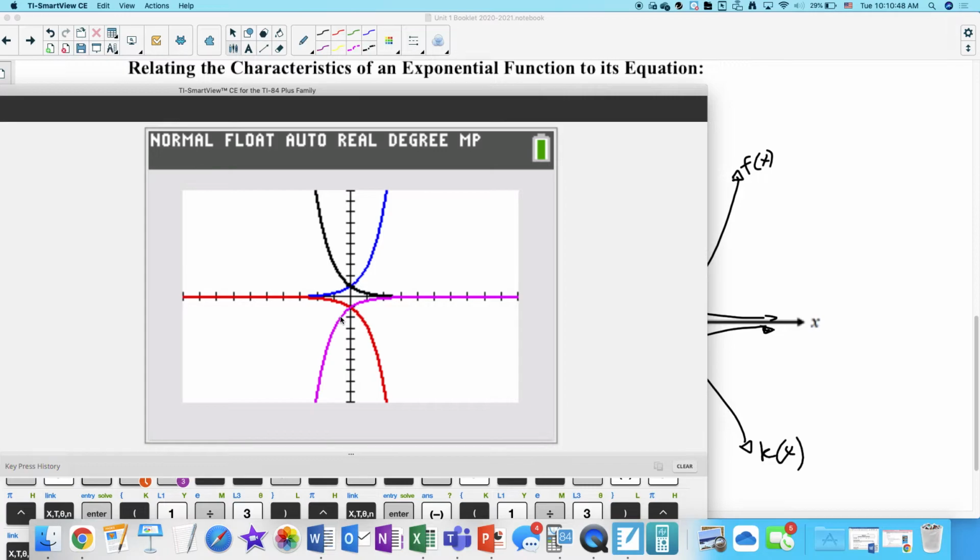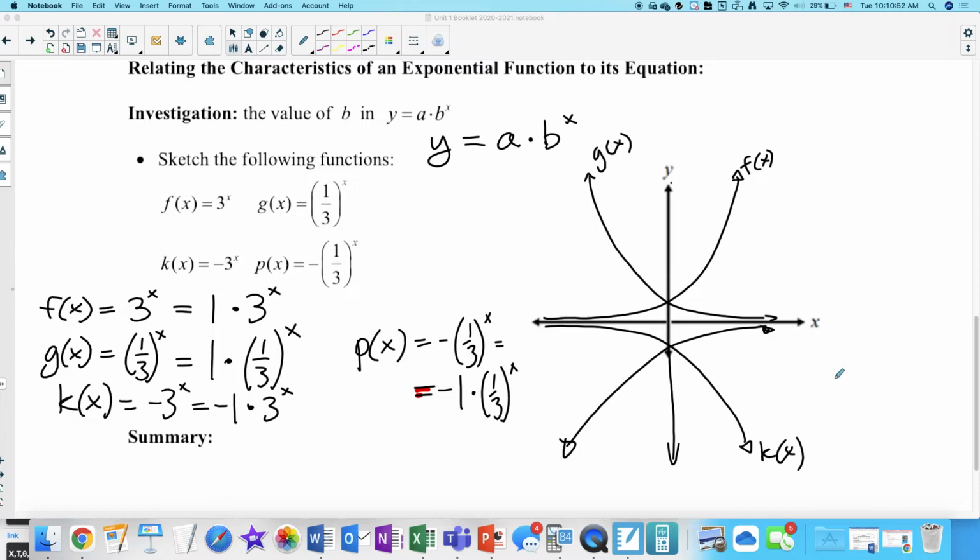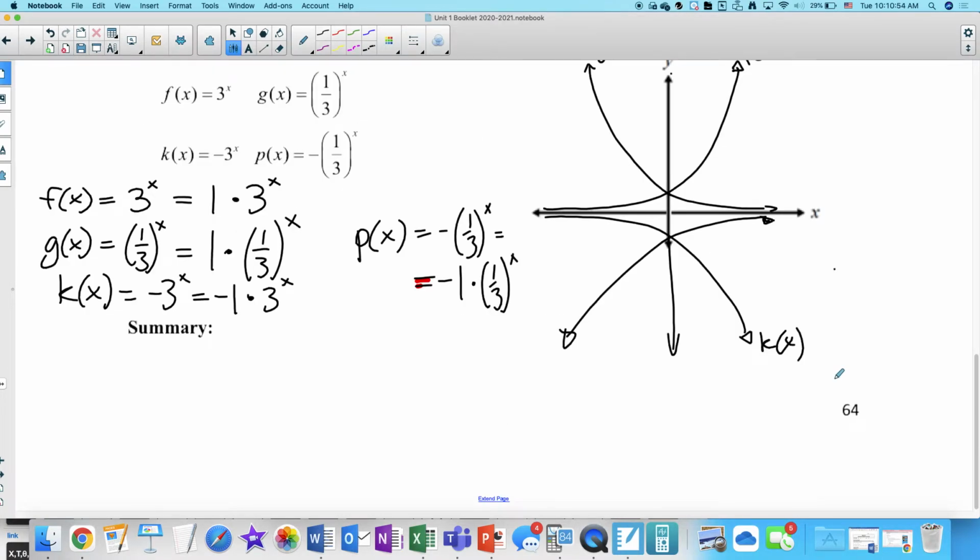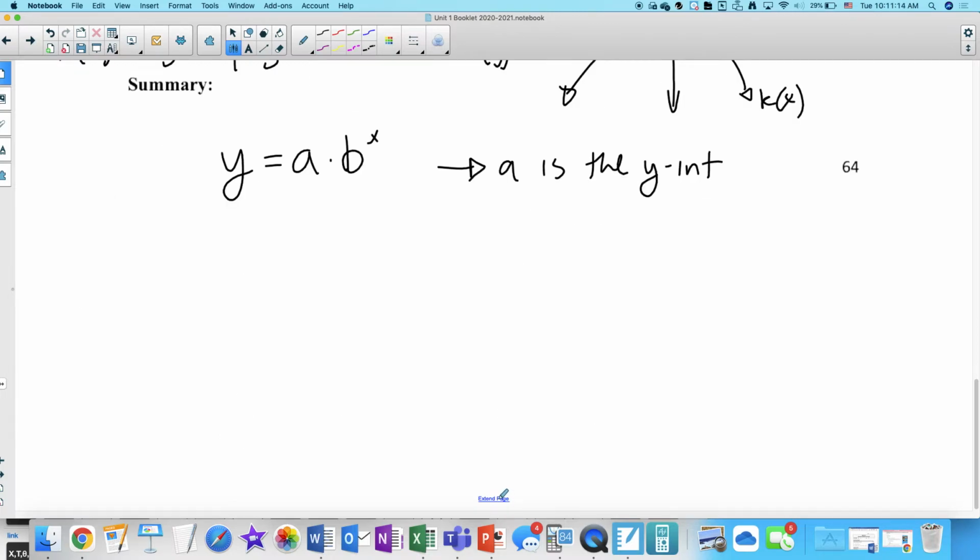Okay, so the a value, if y equals a times b to the x, then a is the y-intercept. And actually, we can see this algebraically as well, because the y-intercept occurs when x equals 0.